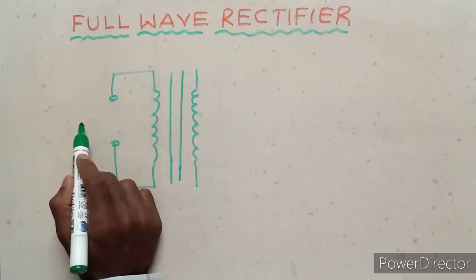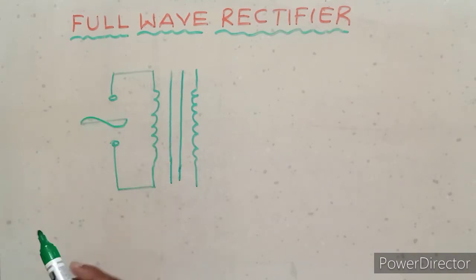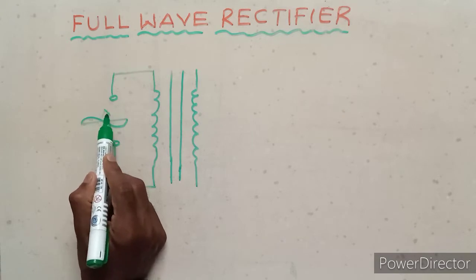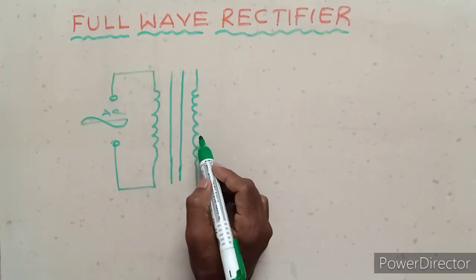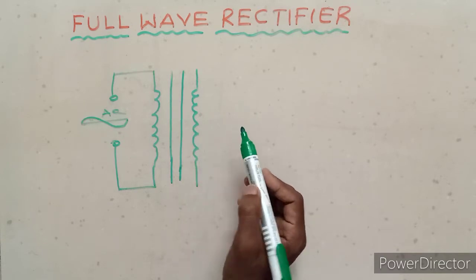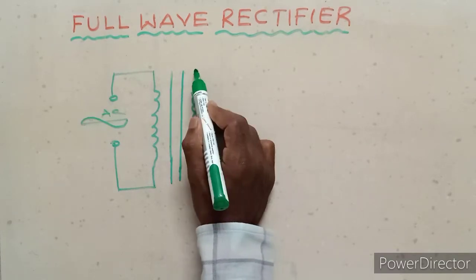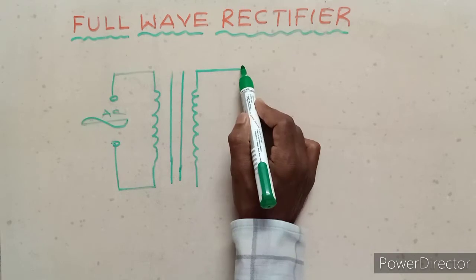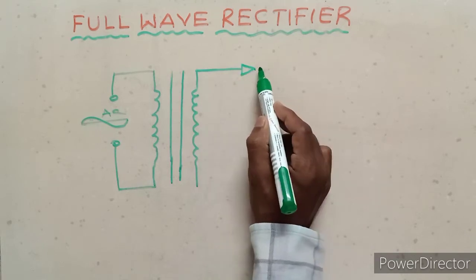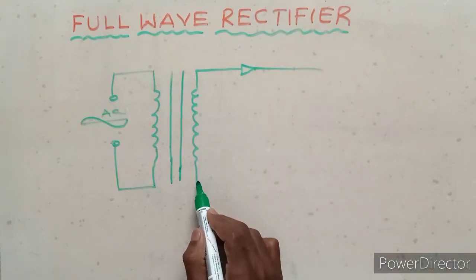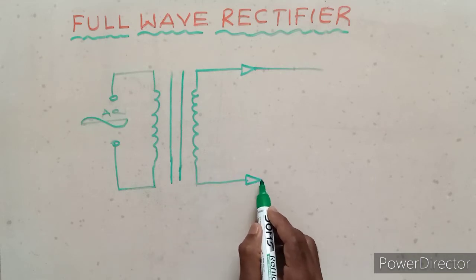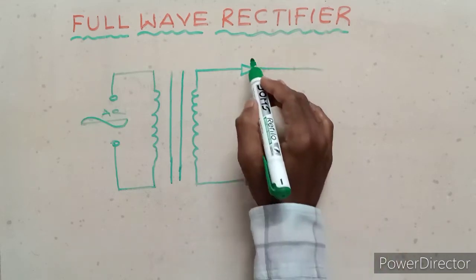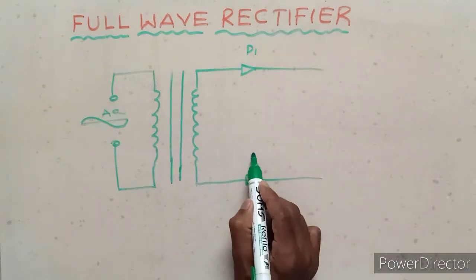This is also AC input voltage, AC supply. This is the primary coil, this is the secondary coil. So secondary coil is connected to two diodes. This is D1, this is D2.